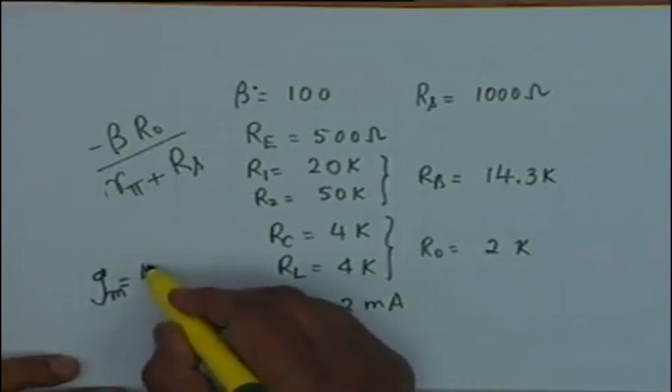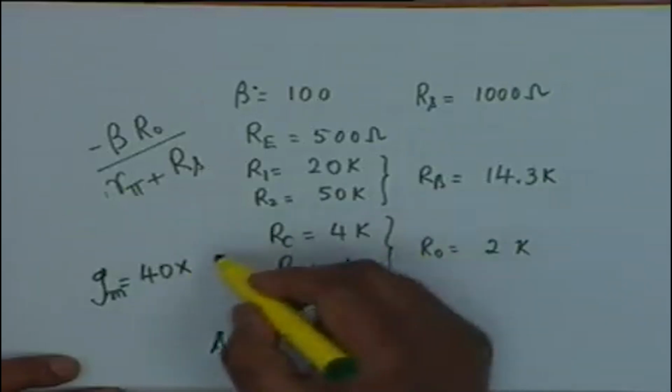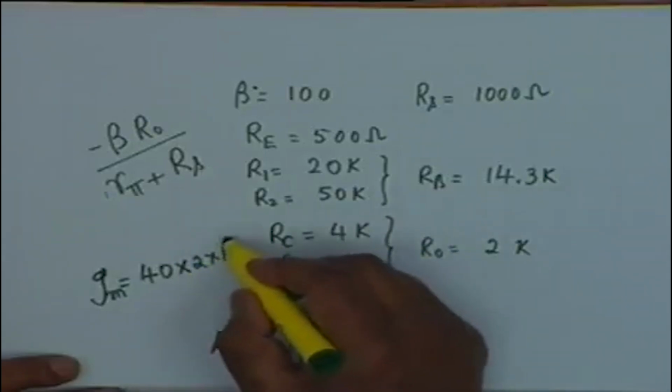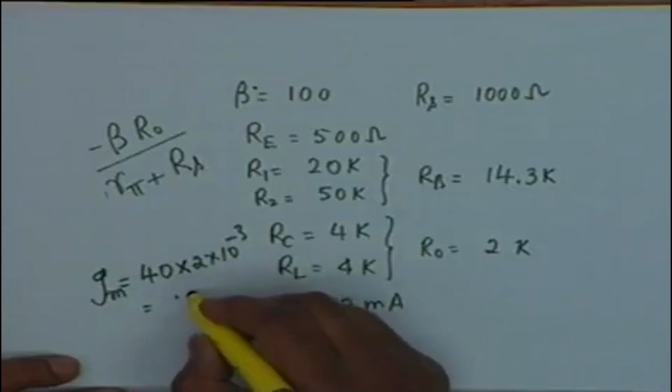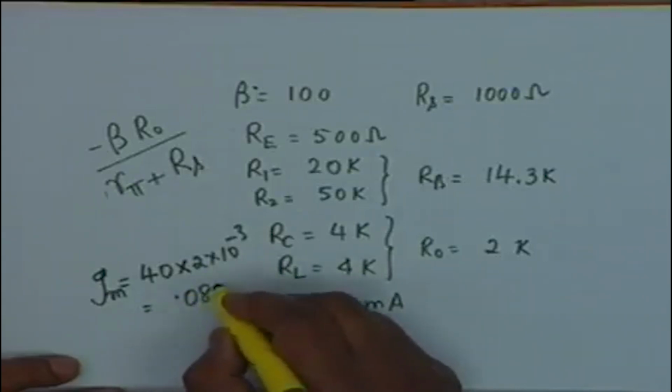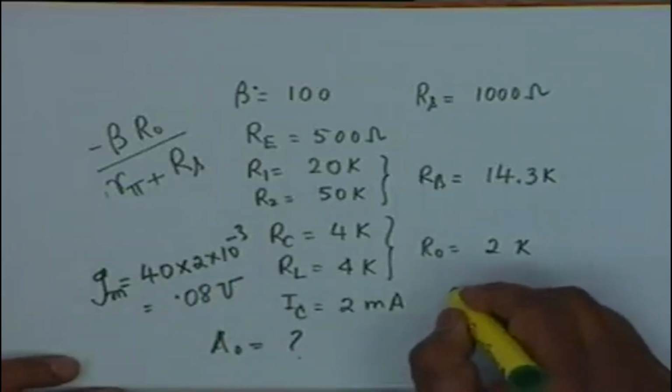Gm is 40 times I sub C. Therefore 40 times 2 times 10 to the minus 3, which is equal to 0.08.